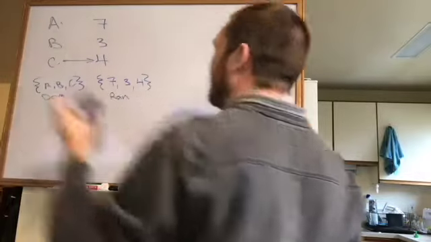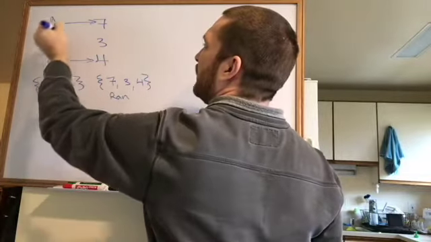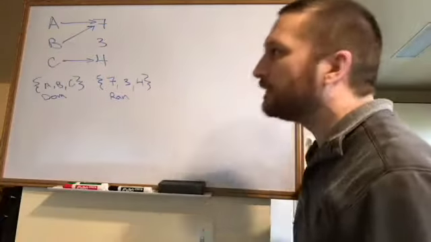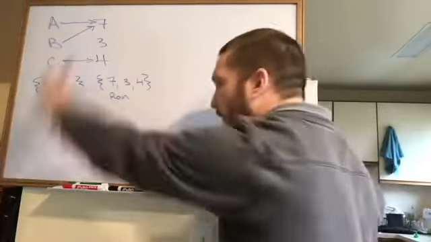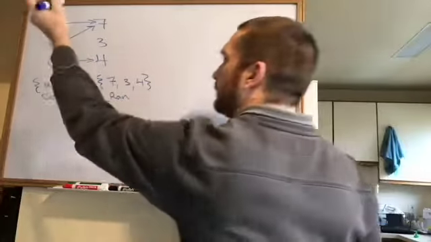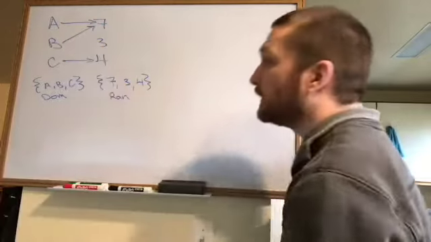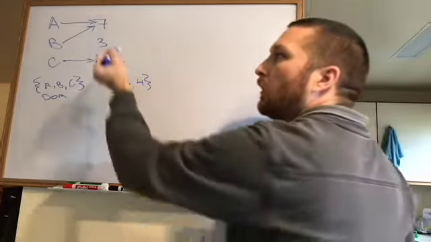We also saw that if we get tricky here and we say, well, what if I wanted to map A to 7? I wanted to map B to 7. We said, well, that's still a function by definition because we have a domain. We have a rule that takes every one element of the domain to one and only one element of the range. And it's like, well, what about this guy?